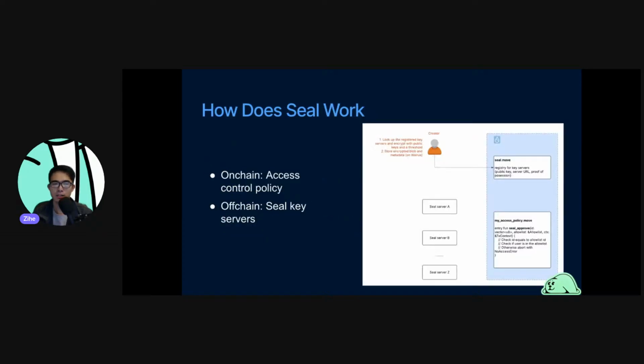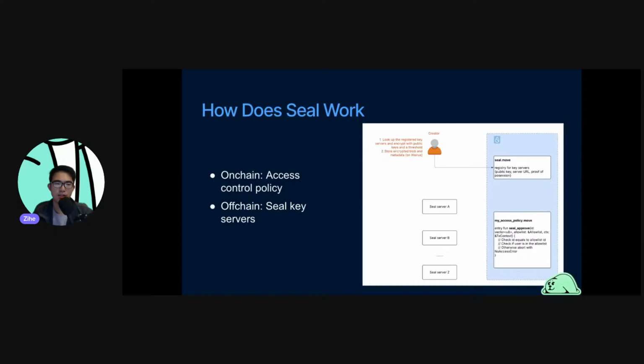Seal consists of 2 parts, as we discussed before: the on-chain access control policy, which is defined in Move, and the off-chain Seal key servers. They are the ones that verify the access control by dry running the transactions.